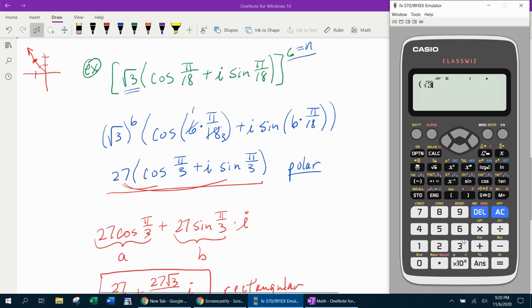Square root of 3 cosine of pi over 18 plus, and I'm still in complex mode, so I can say plus i sine pi over 18.